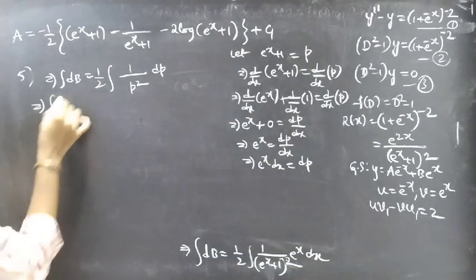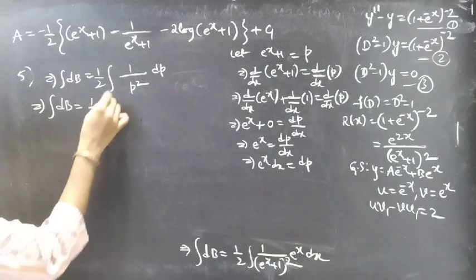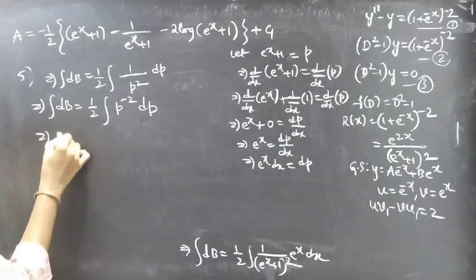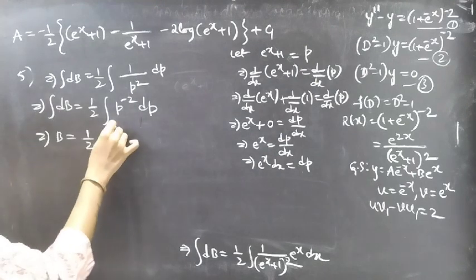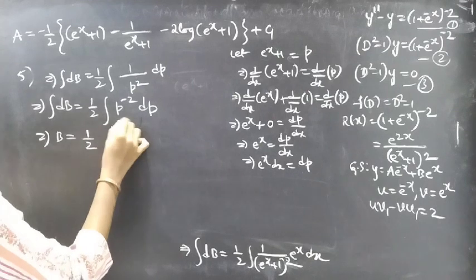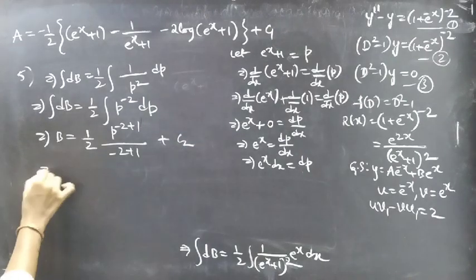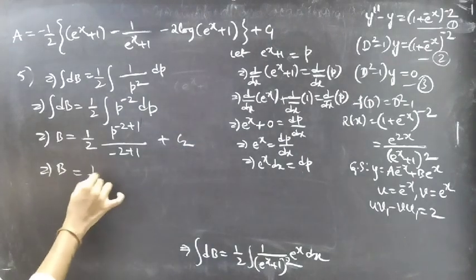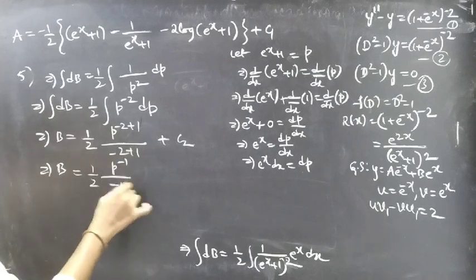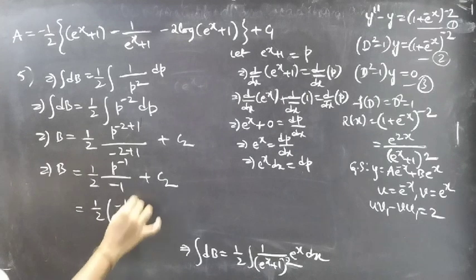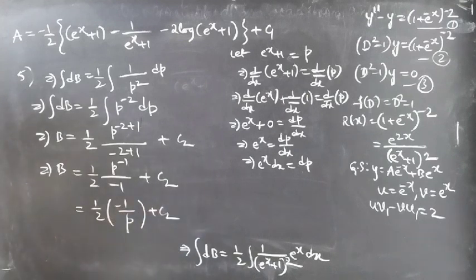Now write 1 by p square as p power minus 2. From this we'll get integral db equal to 1 by 2 integral p power minus 2 dp, which is p power minus 2 plus 1 by minus 2 plus 1, plus the integral constant c2. From this we'll get b equals 1 by 2 into p power minus 1 by minus 1 plus c2. This gives us 1 by 2 into minus 1 by p plus c2. Right? This is equal to minus 1 by 2p plus c2.